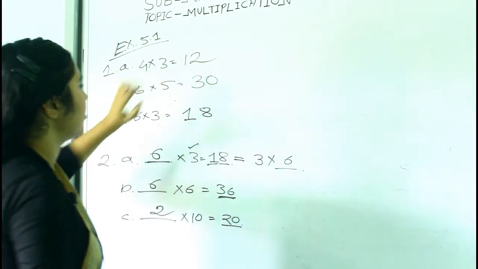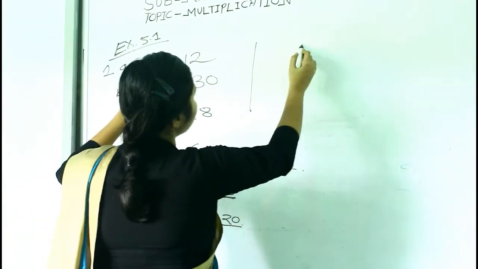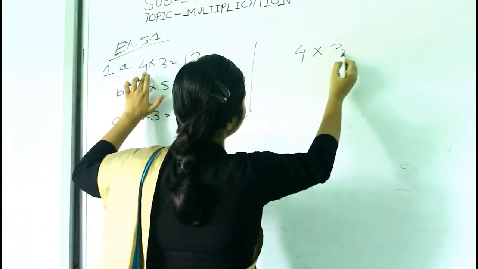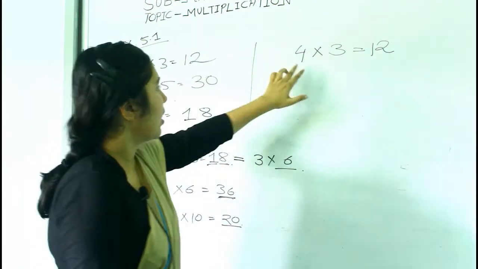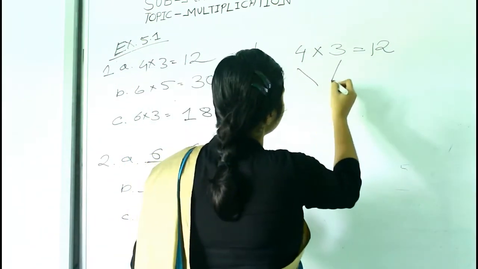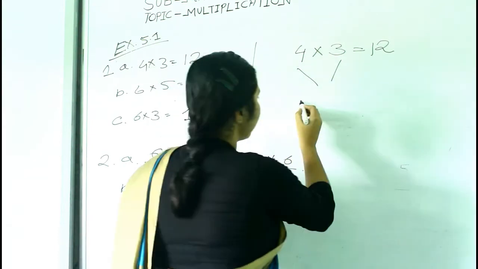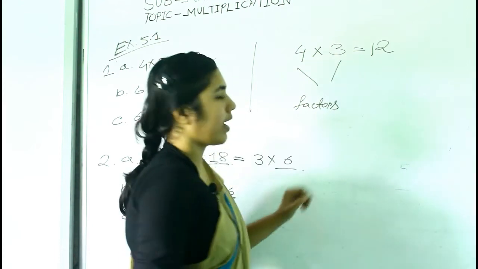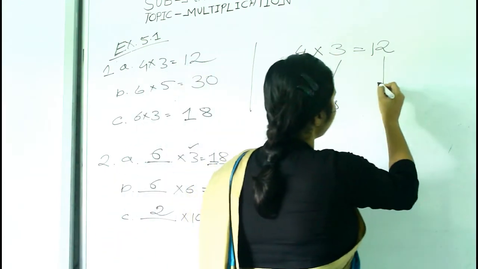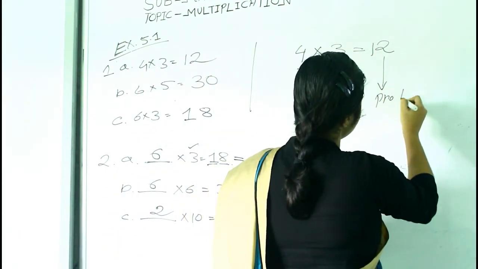Now look here, 4 into 3 is equal to 12, right? Here 4 and 3 are known as factors and 12 is known as the product.